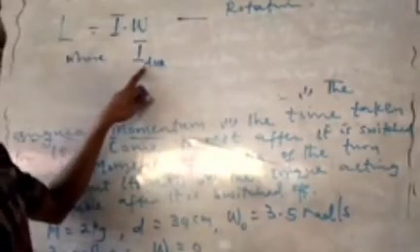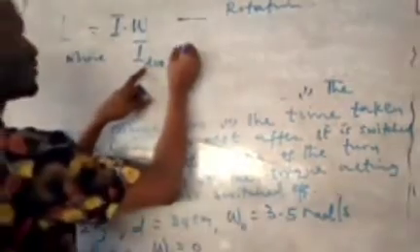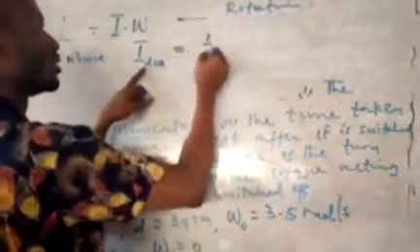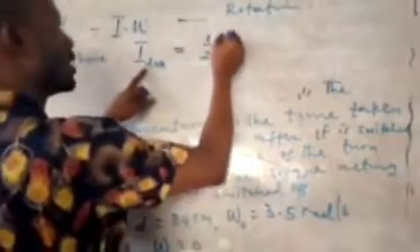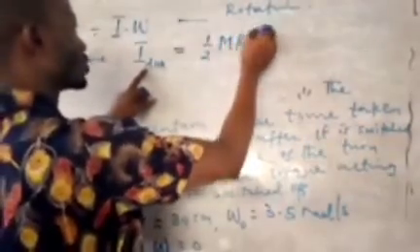So the moment of inertia of a disk about the center of gravity, if you can remember, the formula was given as half m r squared, where r here implies the radius. So therefore, we can now say that our L will be equal to half m r squared times our W.